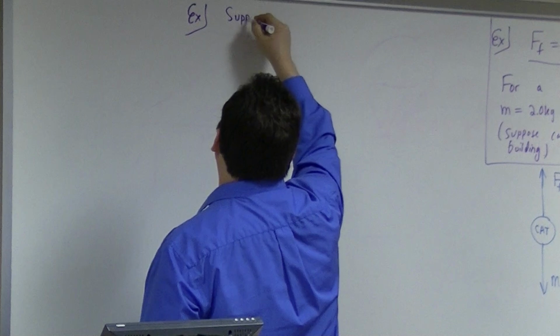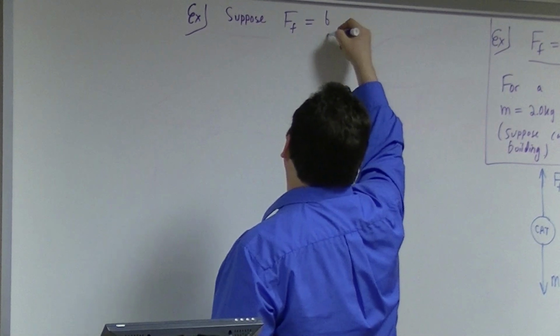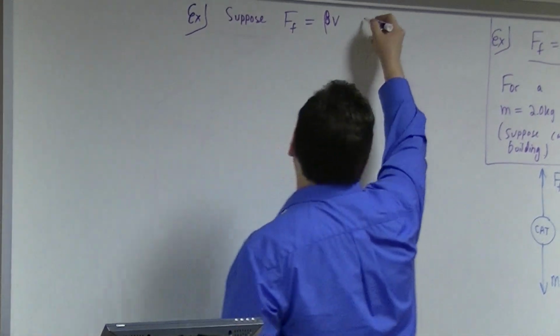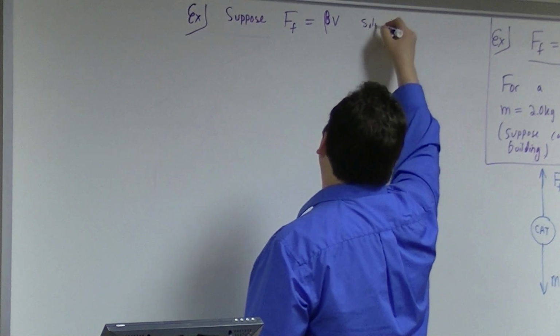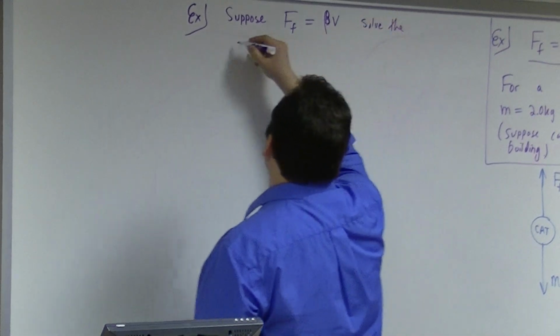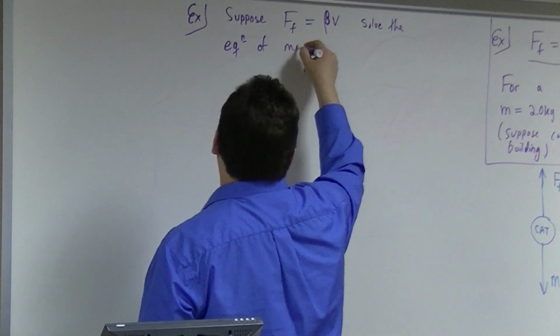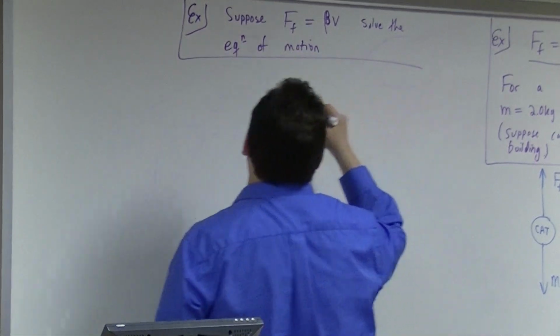Suppose the force of friction is equal to beta v. Solve the equation of motion. I'll go somewhat quick through this because I'm going to use some math that you're not supposed to know. Hope you can forgive me.